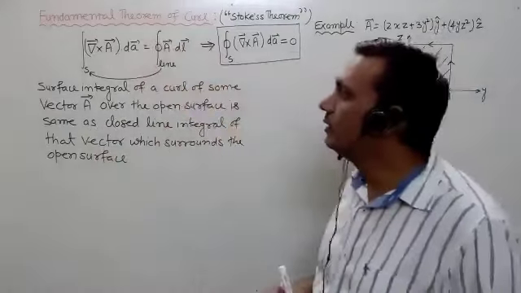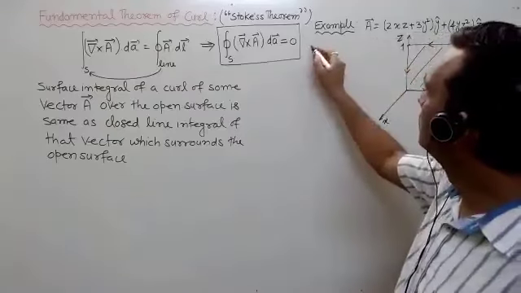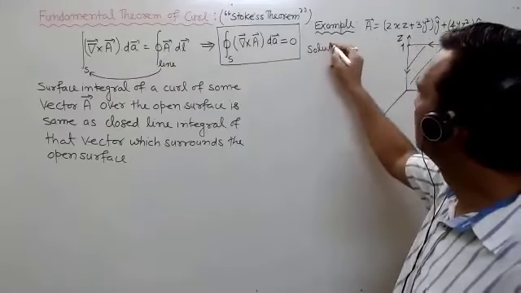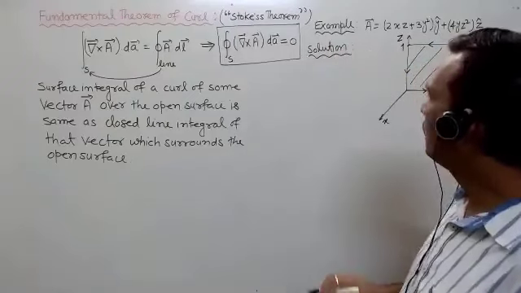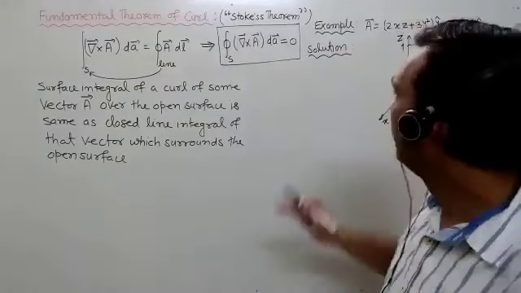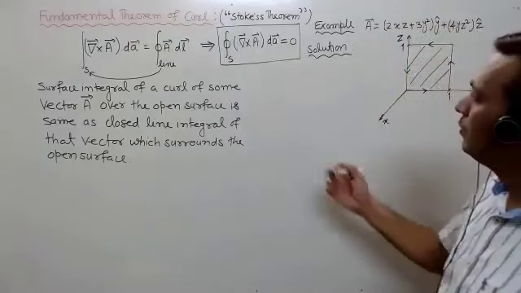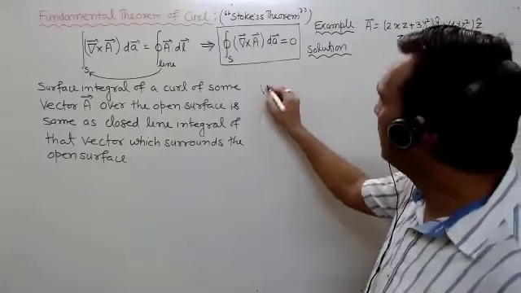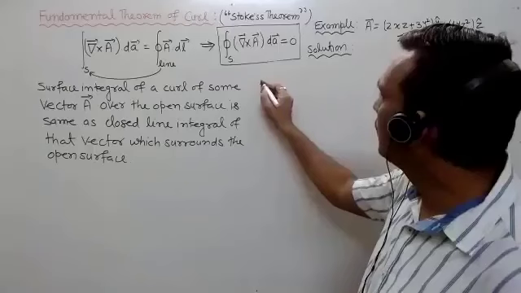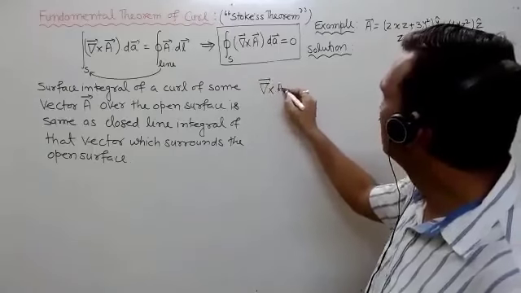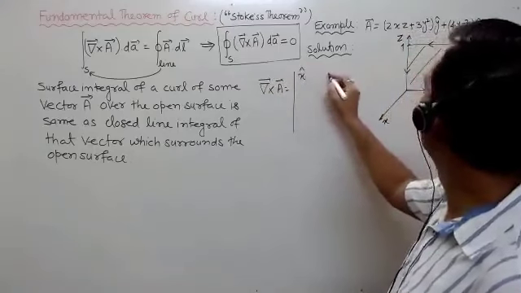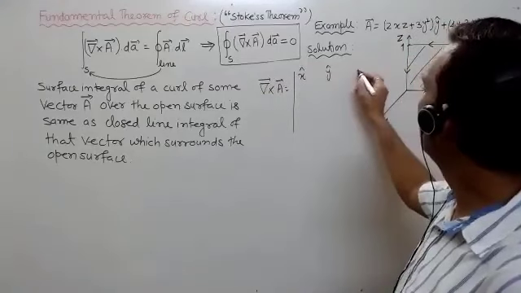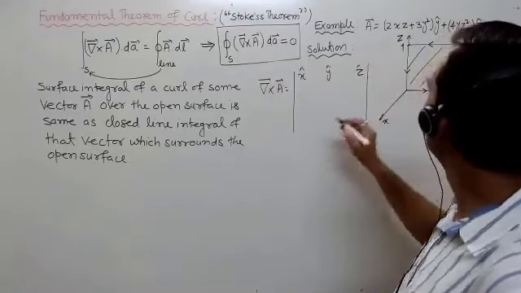First calculate the left hand side. So what will be the curl of A? Now see, you have to find the curl of A. What will be del cross A? So you have x cap, y cap, and z cap.